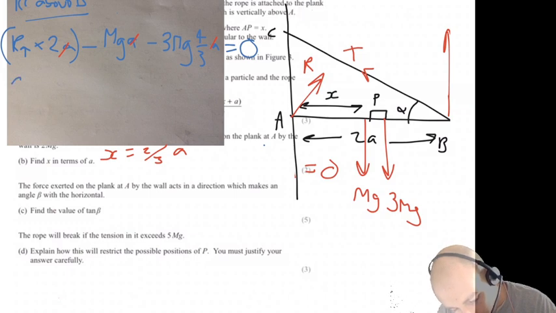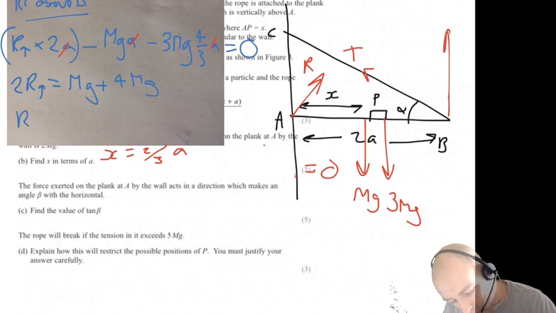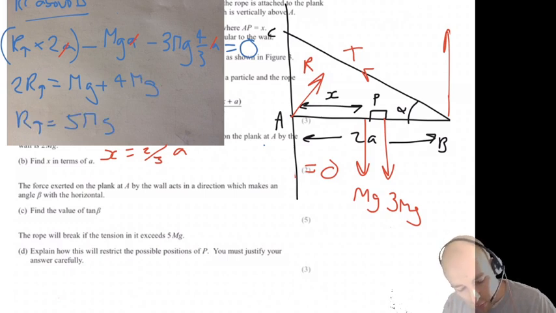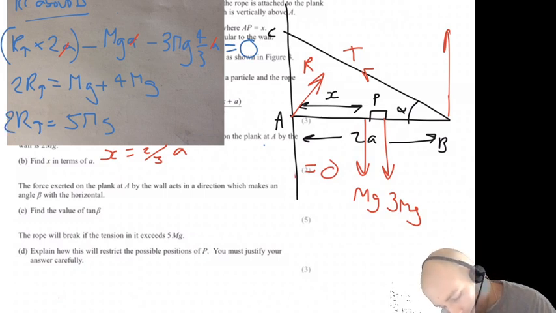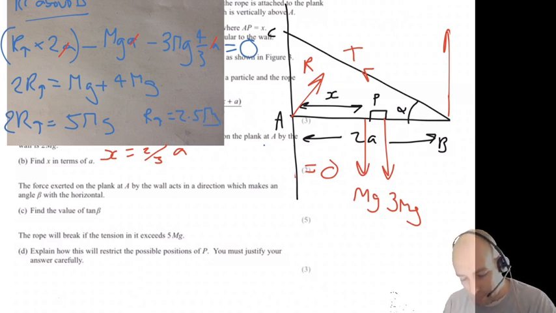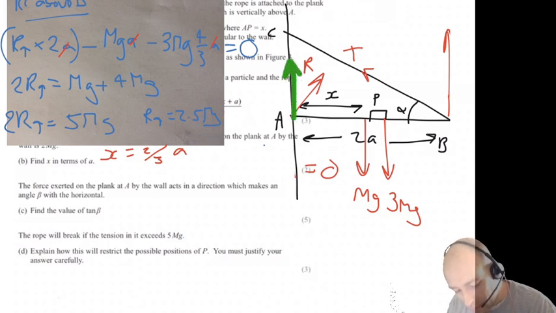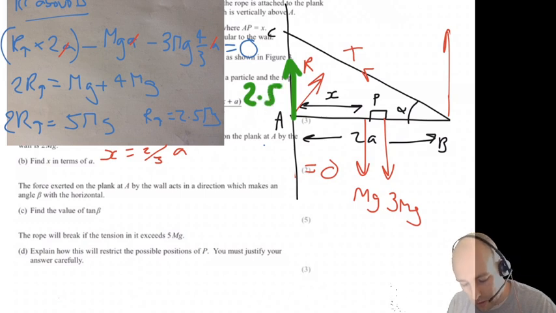Then try and solve this. Every term here has an a, so I'm going to cancel out all of the a's. So we get 2R up equals mg plus 4/3 times 3, which is just 4mg. So 2R up is 5mg, so R up is 2.5mg.